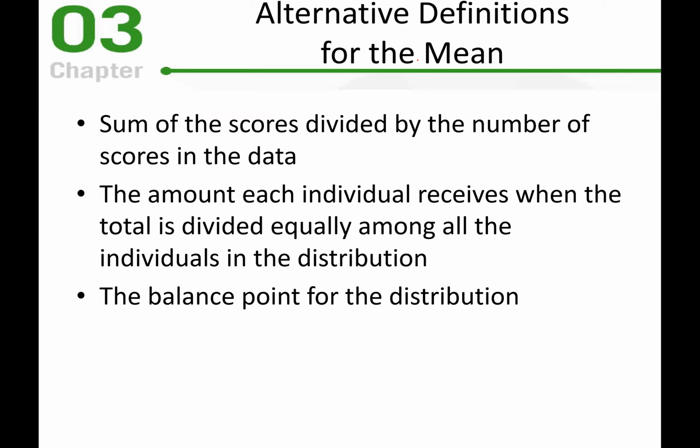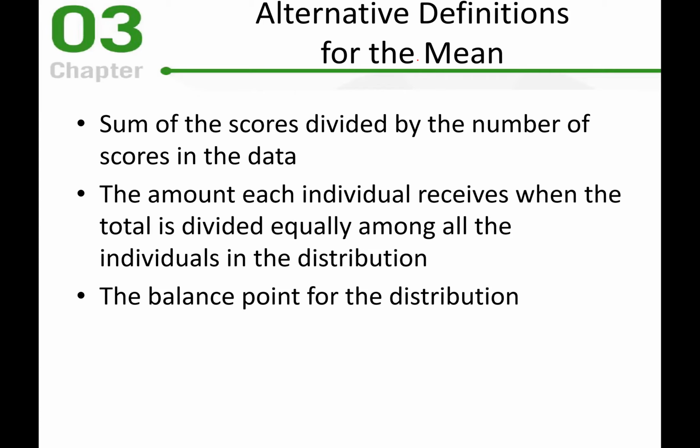Now, some alternative definitions for the mean. Usually in grade school, we learn the mean in a straightforward definition, but you can look at it in different ways, and some of those are more appropriate for when we learn higher level concepts in statistics.